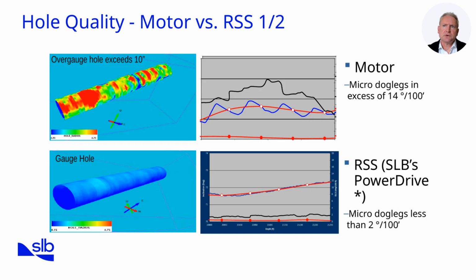The difference in smoothness is striking. The gauge hole is consistent with RSS, while the overgauge for motors shows unpredictable enlargement. For operations, this translates into reduced torque and drag, fewer reaming runs, and more reliable casing deployment when using RSS. Rotary steerable minimizes spiraling and enlargement.